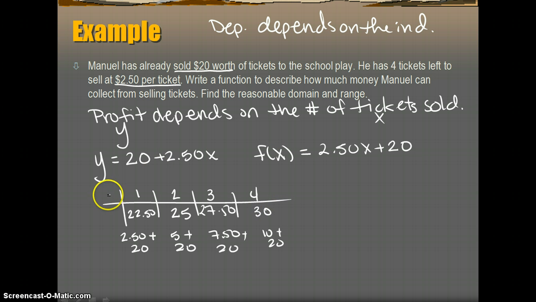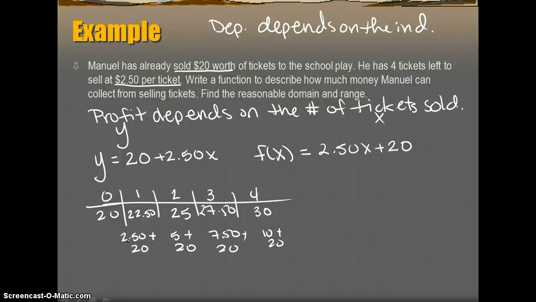Also, you may want to take into consideration if he didn't sell any of them at all, he would just stay at the $20. So you'll notice that our profit increases by $2.50 increments, depending on if he sells 0 to 4 tickets.